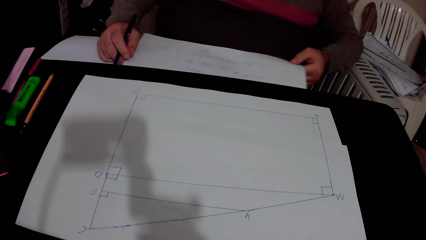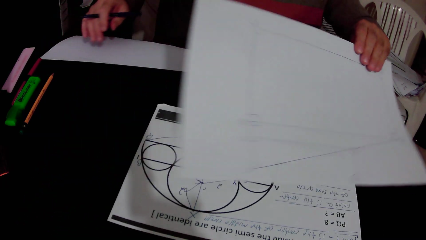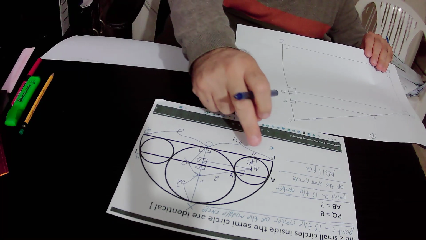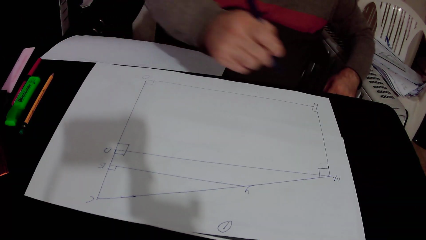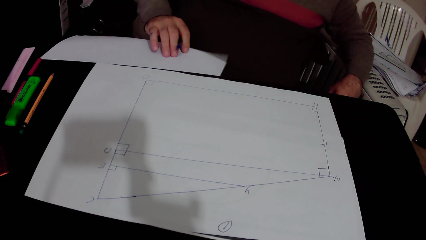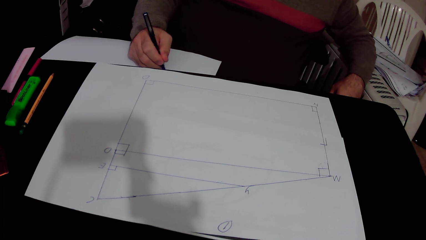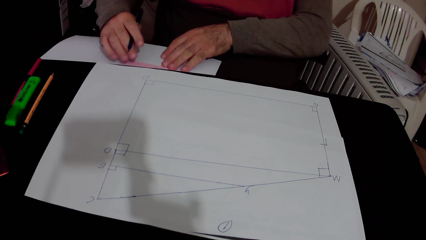So here we know that MN is actually the radius of the small circle. So here MN equals R, it is the radius of the small circle. And we have rule number 3. According to rule number 3, the opposite sides of a rectangle are equal to each other.